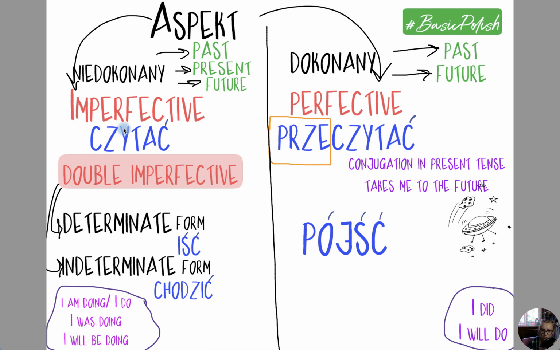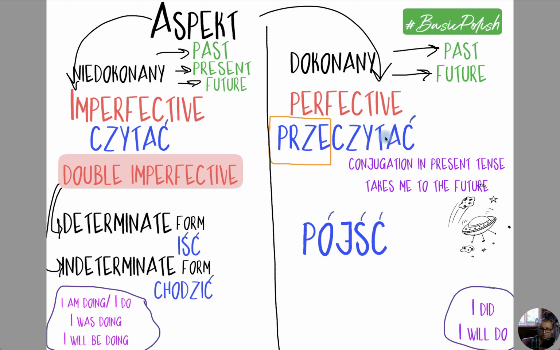Now look what happens when I do exactly the same with the perfective aspect of this verb. If I say przeczytam, look, I'm conjugating czytać as I do in present tense, but this time I'm doing that with the prefix because I'm taking the perfective verb. That takes me to the future. That means I will read. So what happened here? My tense changed.